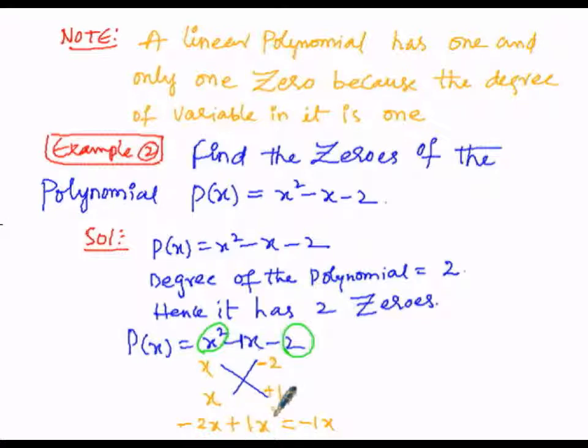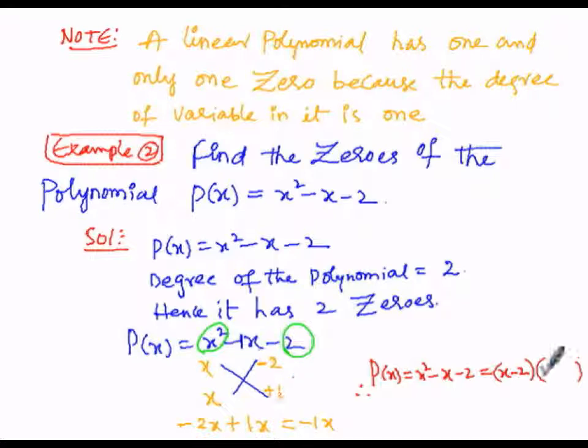In order to write the factors, we write horizontally, that is x minus 2 as the first factor and x plus 1 as the second factor. In this manner, the expression p of x, that is x square minus 1x minus 2, can be written as two factors, one factor as x minus 2 and the other factor as x plus 1.